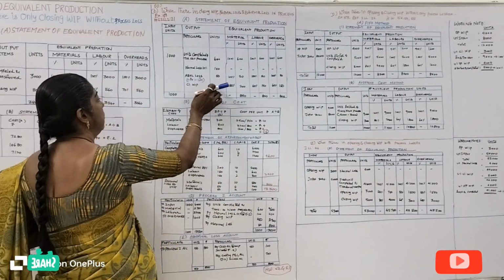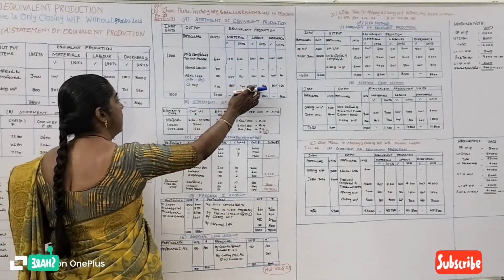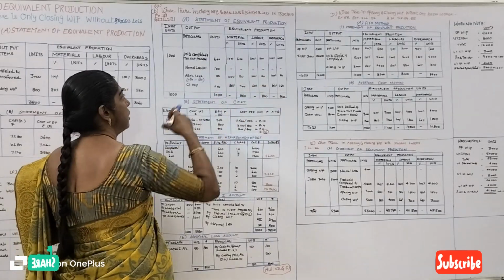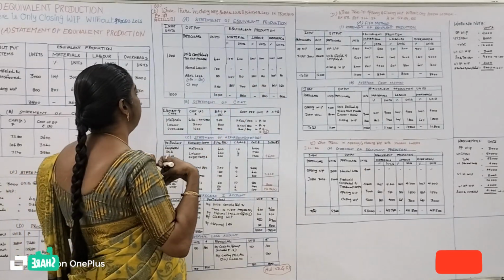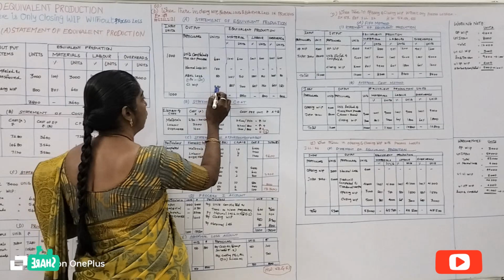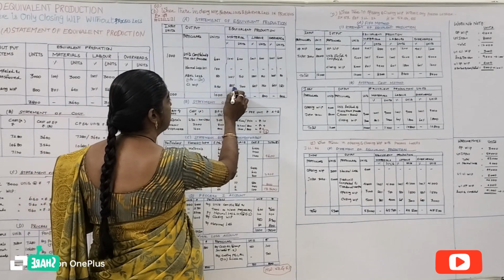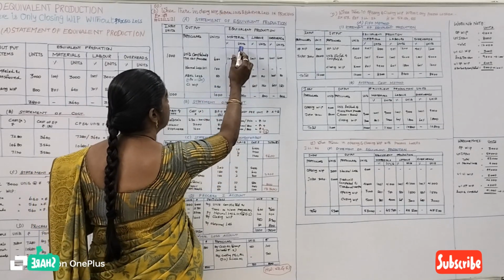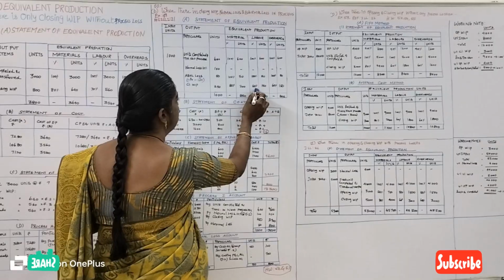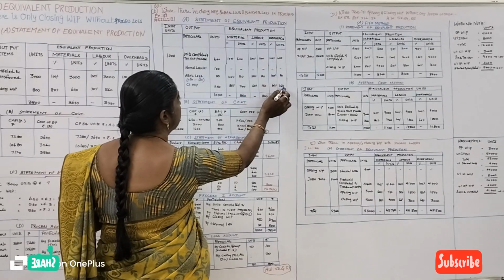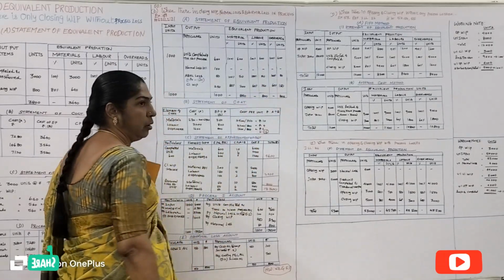So you have taken that 80%, 60%, 60% for equivalent production of closing work in progress. So 250 into 80%, you get 200 units for material, and 250 into 60% for labor and overheads, 150 units.